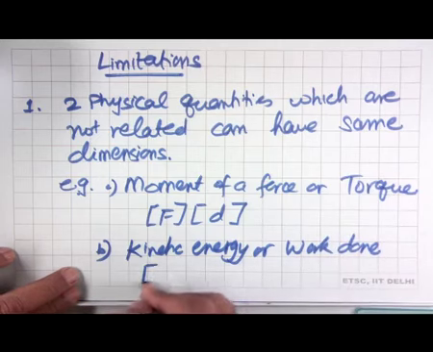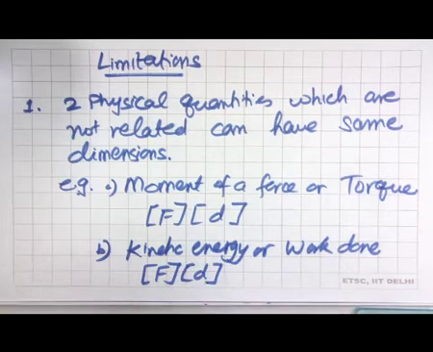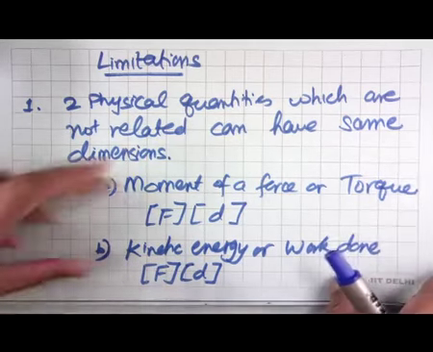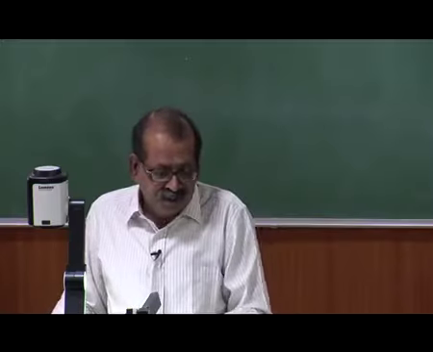These also have the same dimensions as force times distance, whereas these two quantities physically are very, very different. One gives us the turning effect of the force, the other gives us the energy or the work done. But if we use dimensional analysis, it will treat both of these quantities as the same.